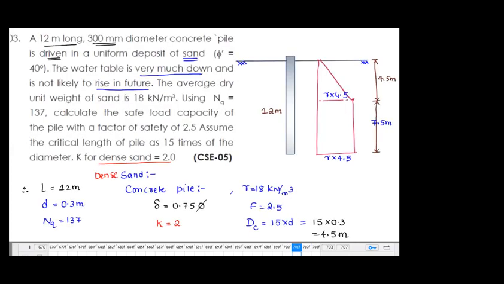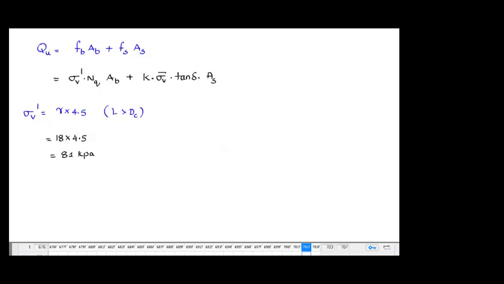So now at this point, this is 81. At this point also, this is going to be 81. Up to 4.5 meters, the variation is linear. In the 7.5 meters, it is going to be uniform. Next, I need to find the average vertical stress, which is a weighted average.